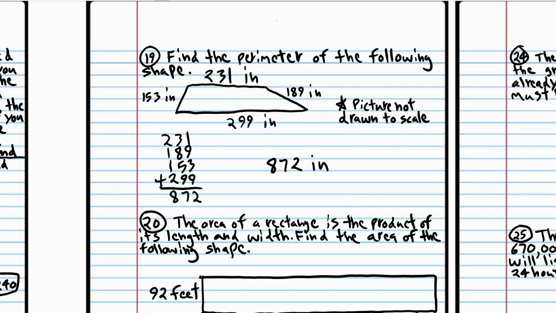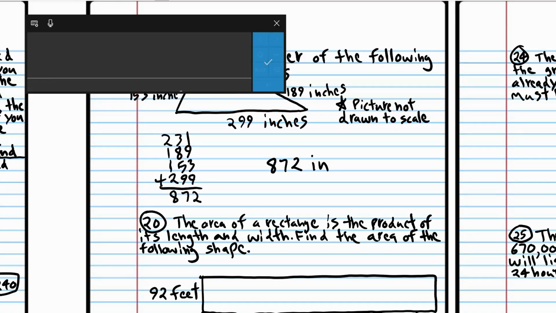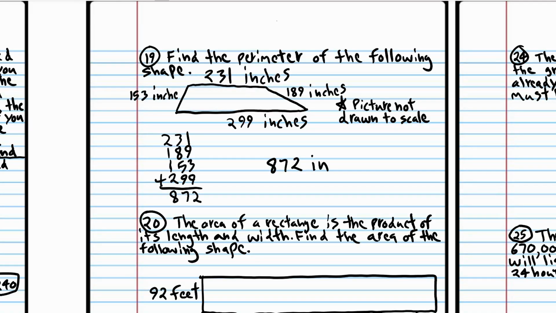IN for inches. All right, these are inches. In fact, I should go ahead and write the whole word there because you may not know the abbreviation for inches yet. You're going to learn that type of stuff when you take chemistry courses or any kind of science courses, really. You're going to learn the abbreviations for all these units of length and volume and area and all that type of stuff.